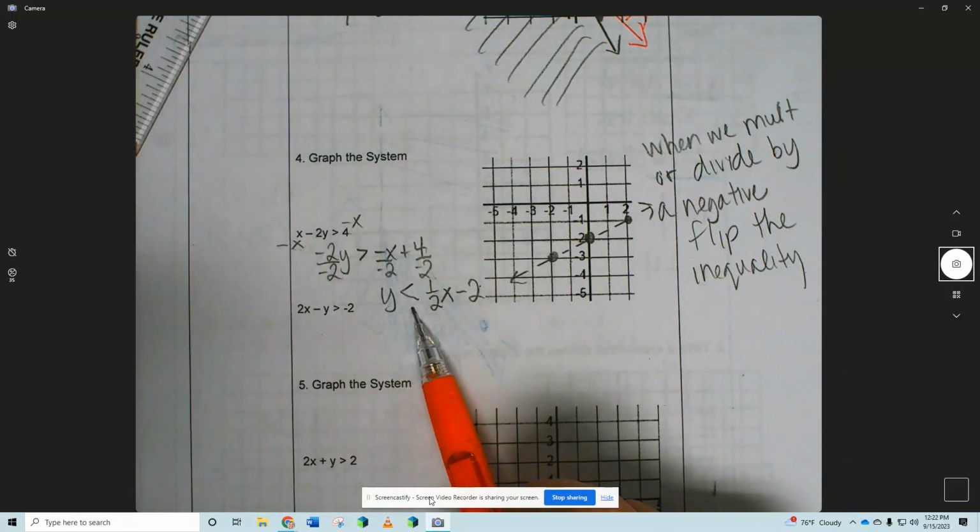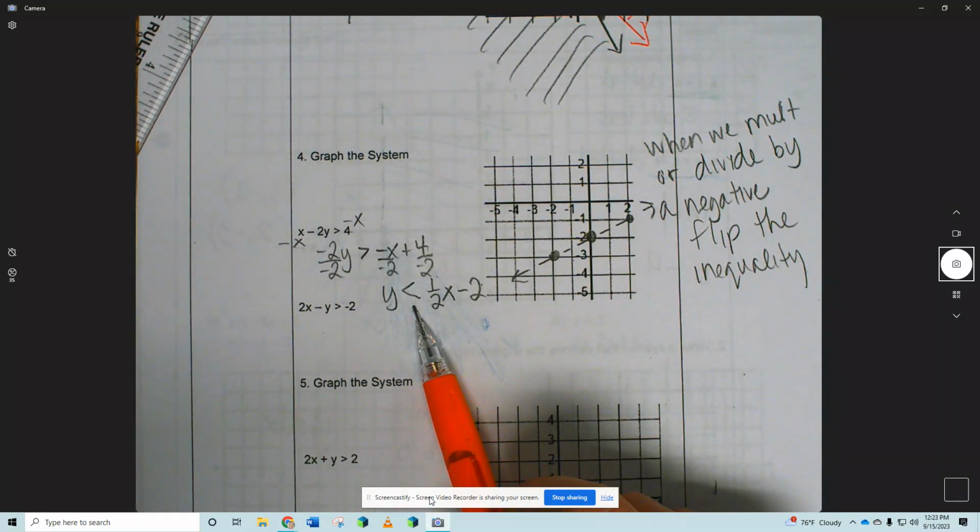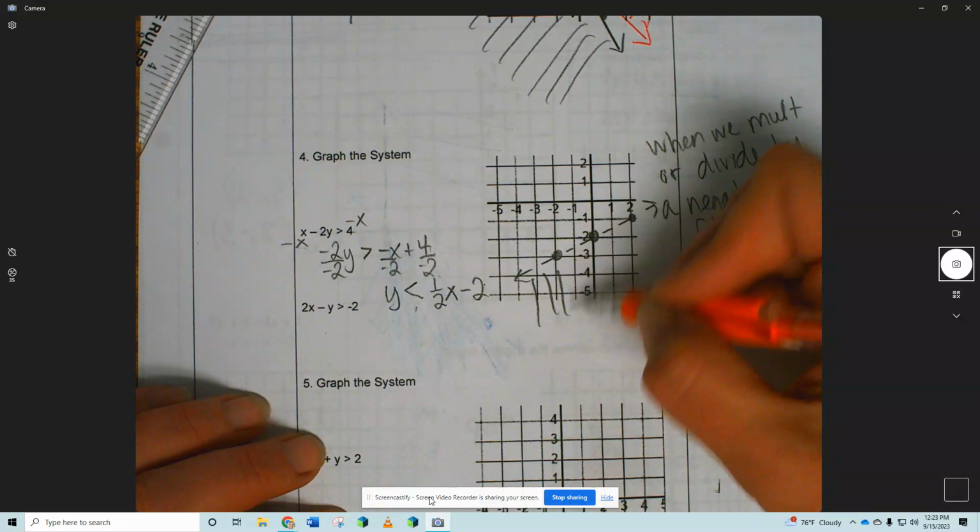The shading is where? Where do I shade? Below the line. Thank you. I'm not asking hard questions.